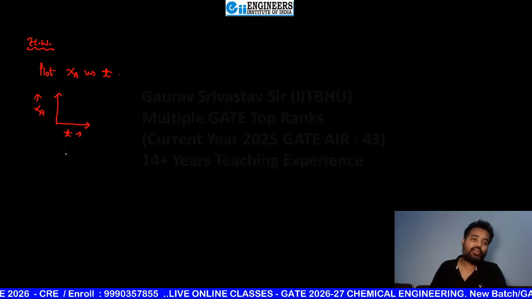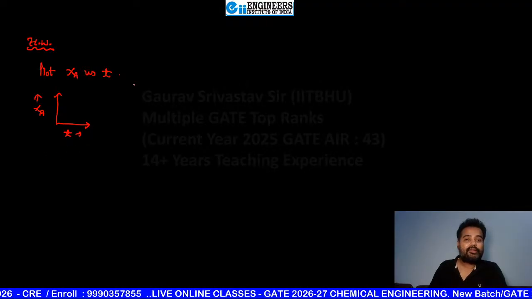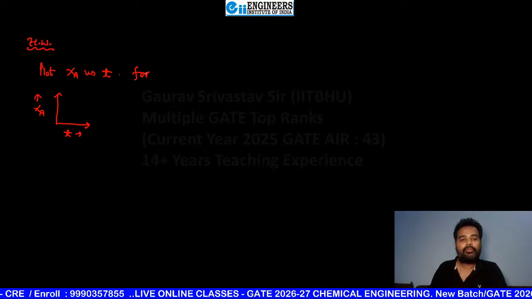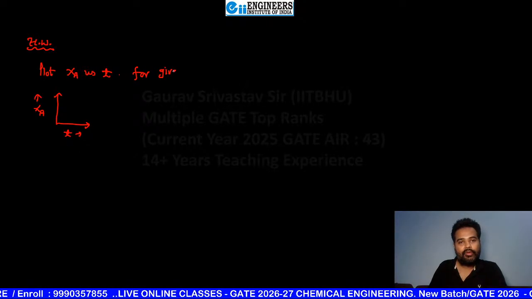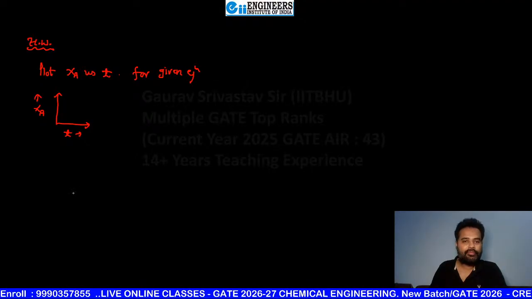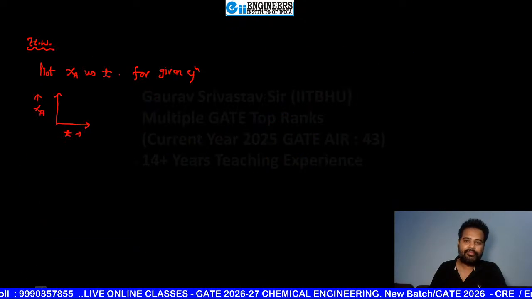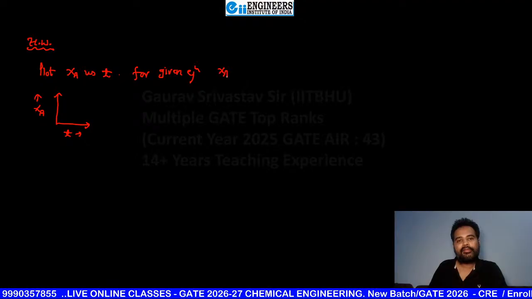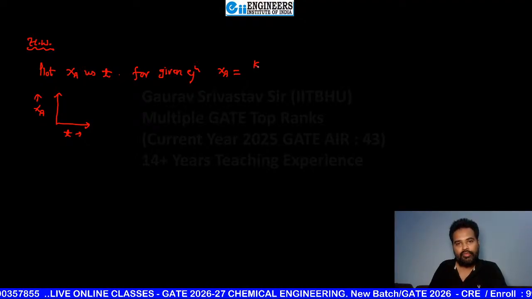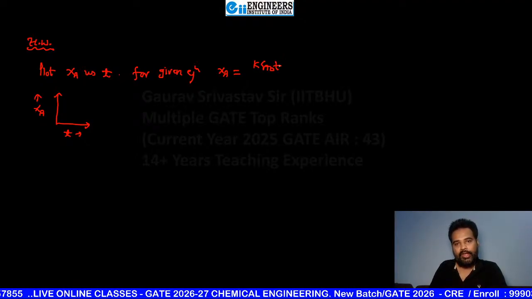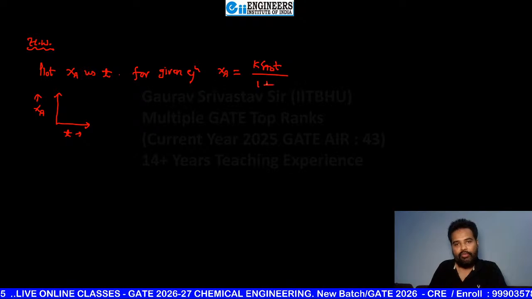Okay, you have to plot this one for the given equation: xa is equal to kca naught t upon 1 plus kca naught t.